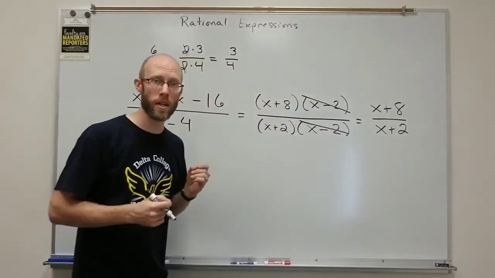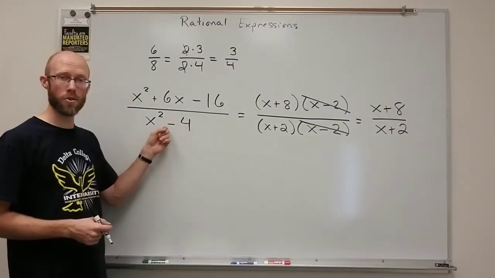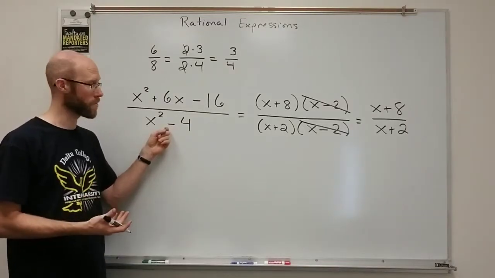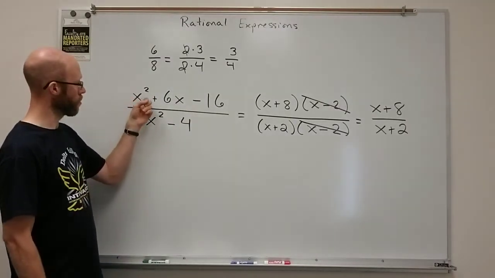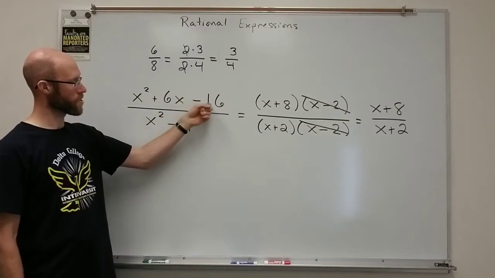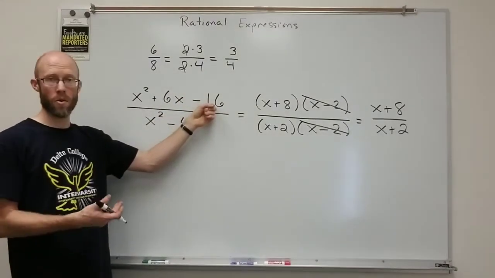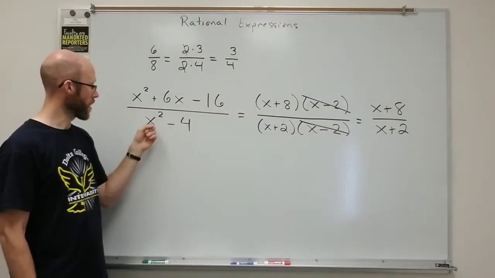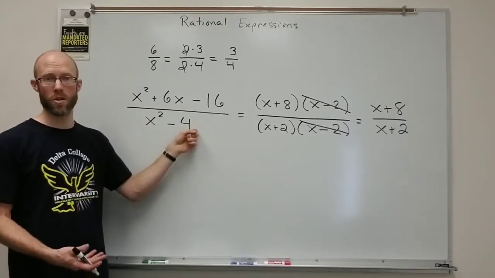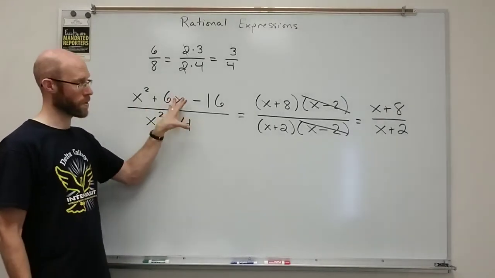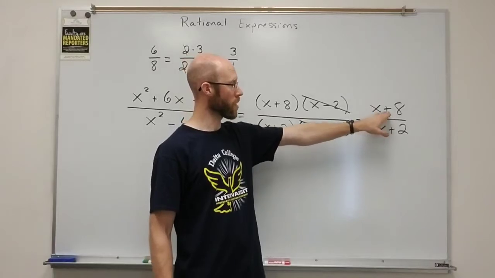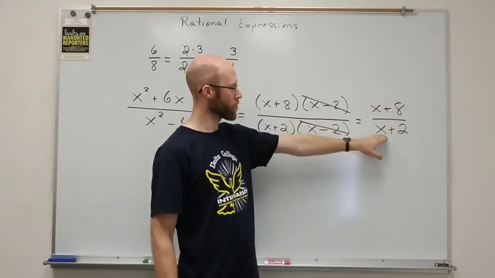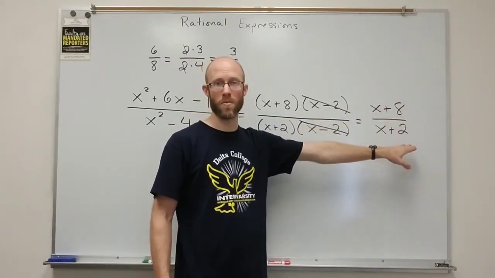So if I plug in positive 2 in the first, bigger one, I get 4 plus 12 minus 16, which is 0 on top, and 4 minus 4, which is 0 on the bottom. 0 over 0 is undefined. If I plug in a 2 here, I get 2 plus 8 is 10, 2 plus 2 is 4, so 10 over 4, which is 5/2.